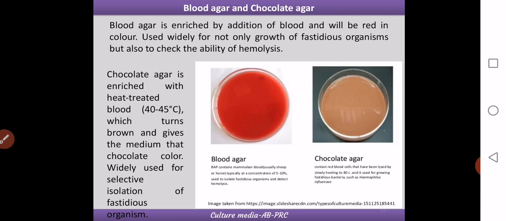So chocolate agar is enriched with heat treated blood, usually around 40 to 45, or even a little higher than 45, which turns the medium brown. That's why it's called chocolate agar. It's not because it contains chocolate or anything, but because it has the color of chocolate. That's why it's called chocolate agar, and it is used for the isolation of fastidious organisms.